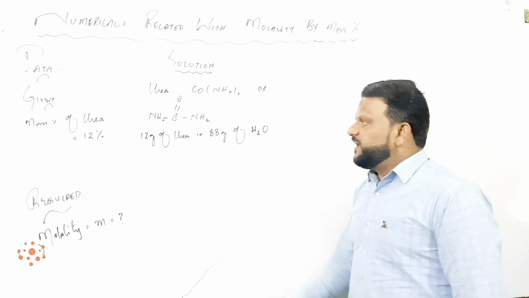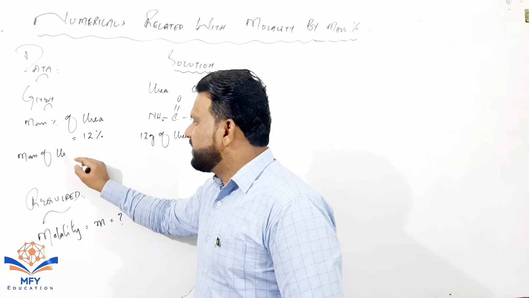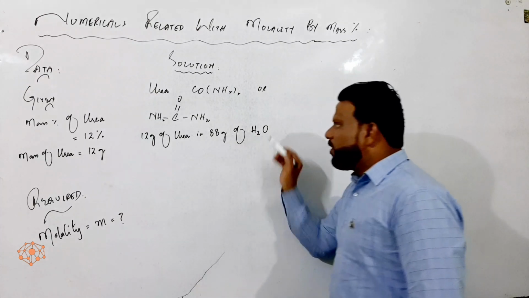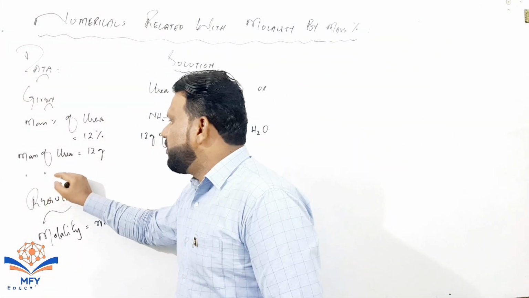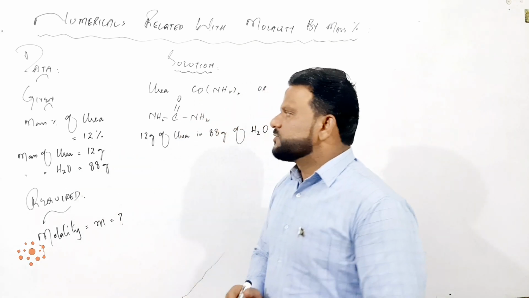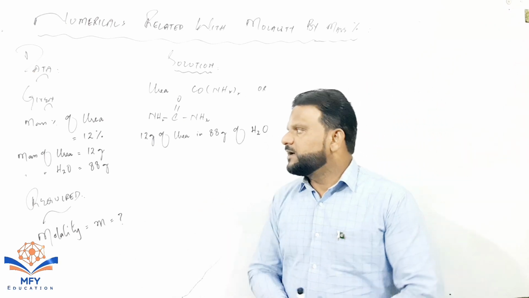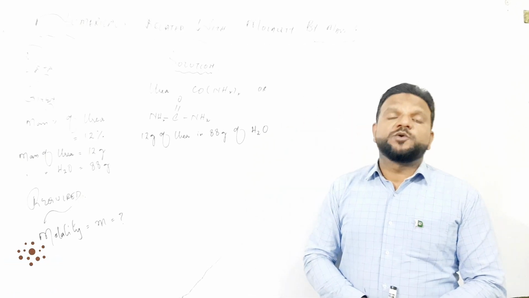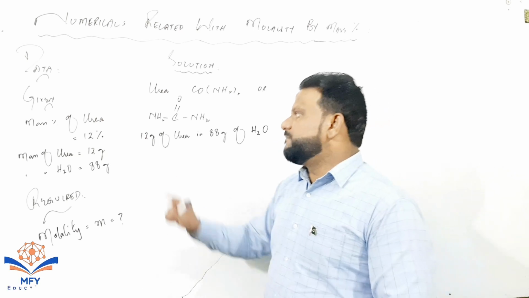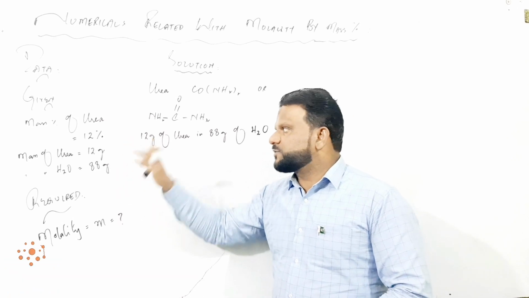Here the mass of solute, urea, will be 12 grams, and the mass of solvent, water, will be 88 grams. So by the given mass percent of any compound, here urea, or other compounds like glucose, sugar, NaOH, caustic soda, or maybe alum, we can easily find the mass of solute and mass of solvent.